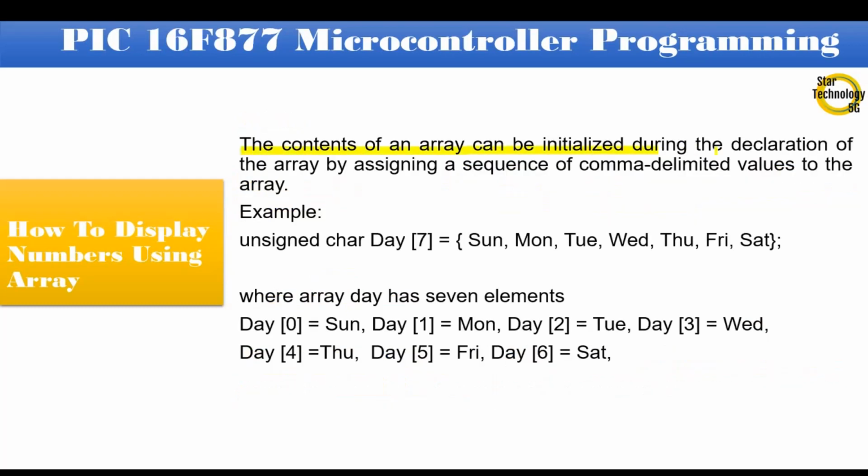The contents of an array can be initialized during the declaration of the array by assigning a sequence of comma-delimited values to the array.